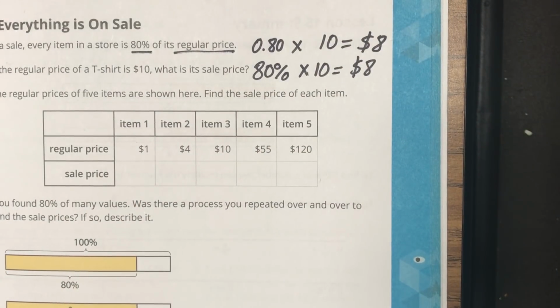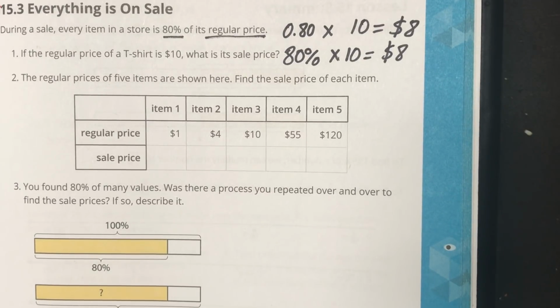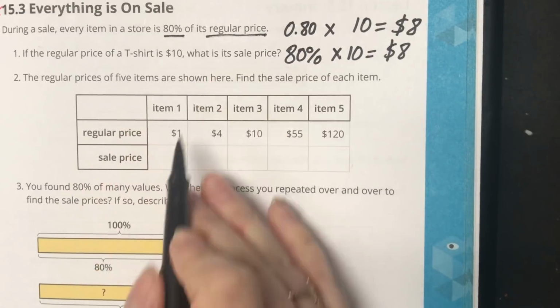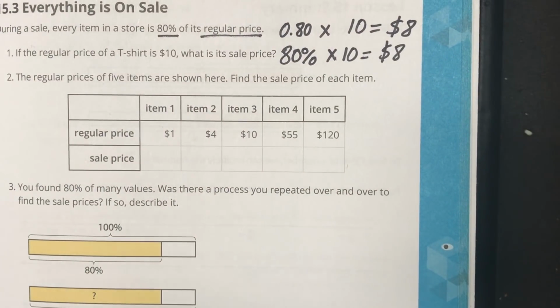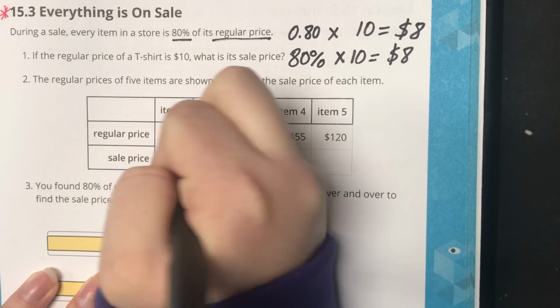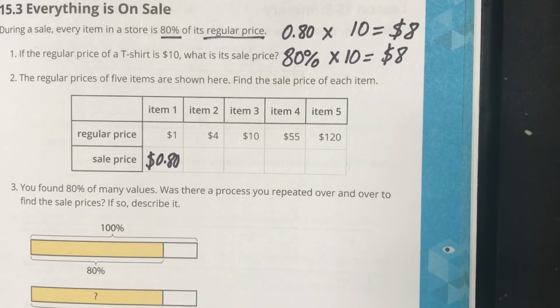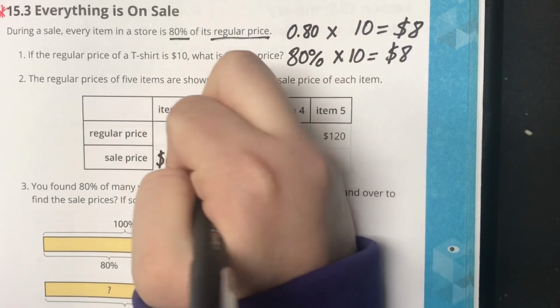The regular price of 5 items are shown here. Find the sale price of each item. So again, we're finding 80% of each of these numbers. So I would say 80% times 1, which would be 80 cents. I would say 80% times 4, which would be $3.20.